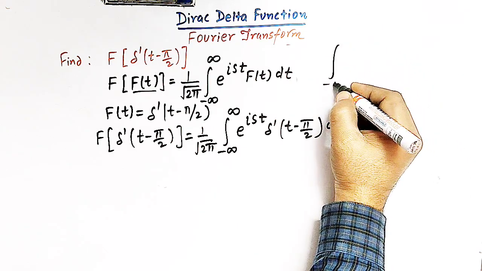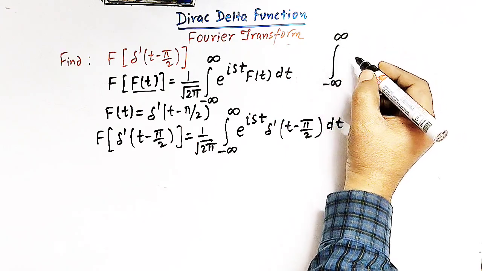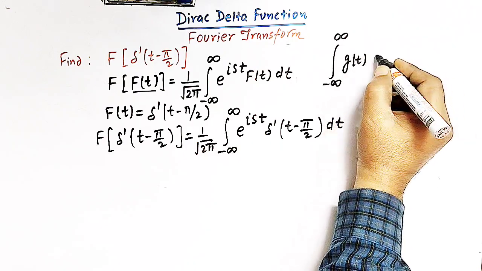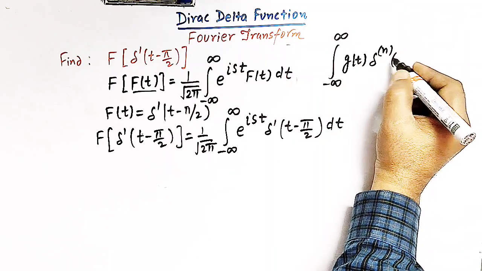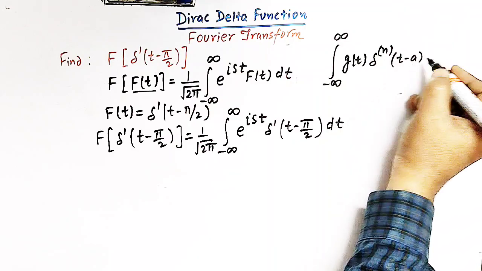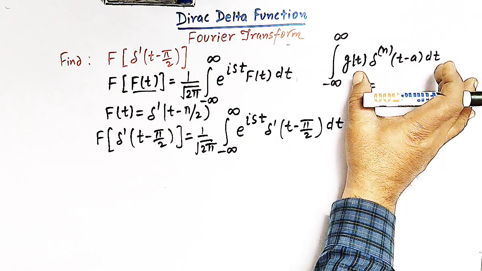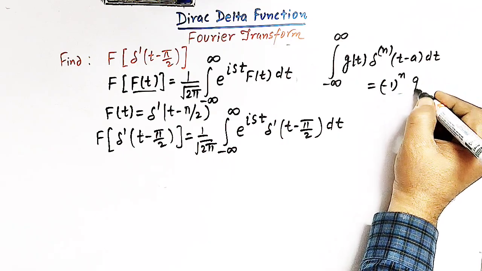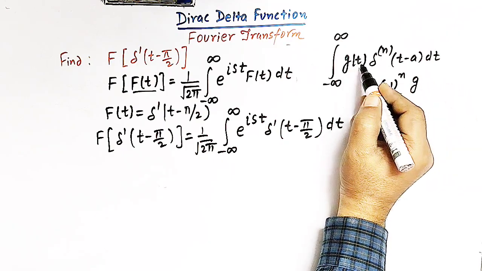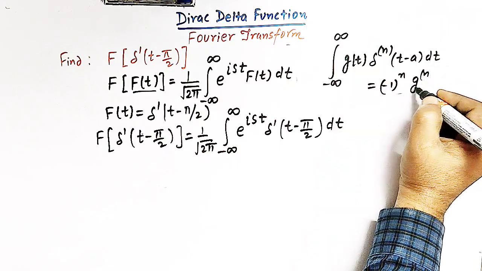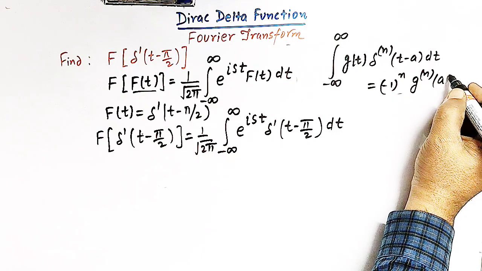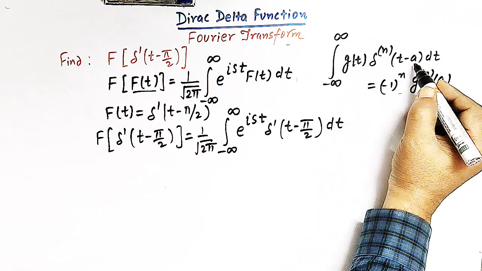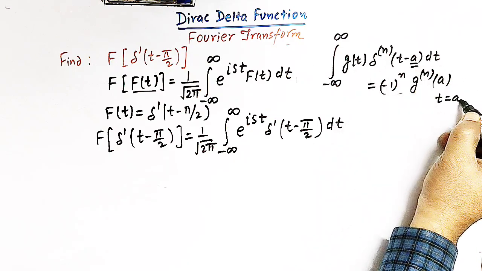We know that the integral from minus infinity to infinity of a function g of t times the nth derivative of the delta function at t minus a, dt, is given by minus 1 raised to n times the nth derivative of g of t evaluated at the point t equal to a.